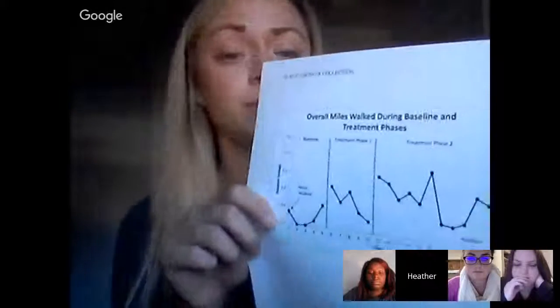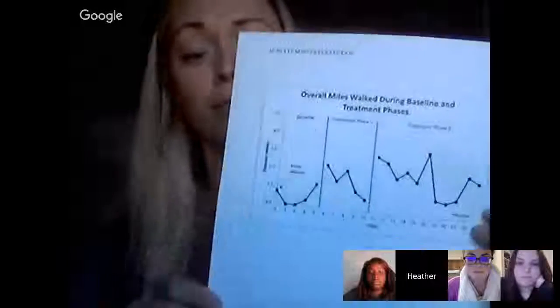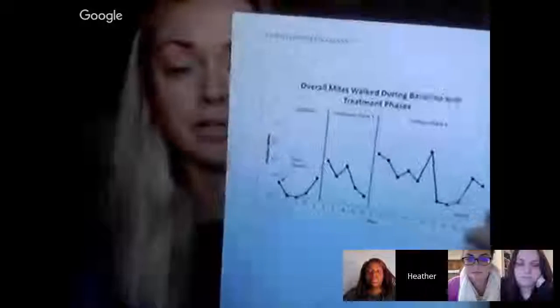I walked a little bit, but I got over 1 mile for every data point except for 1. My average for baseline was 0.4 miles walked at a rate of 0.7 miles per hour. And then for treatment phase 1, it was 1.8 at a speed of 2.5 miles per hour, which is still an increase, so it's good for me.